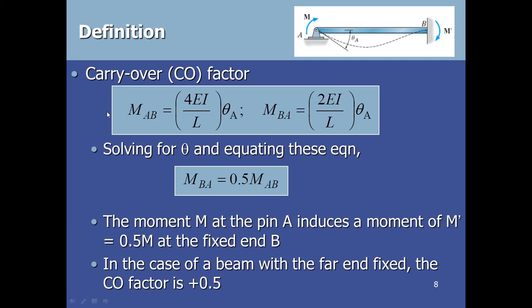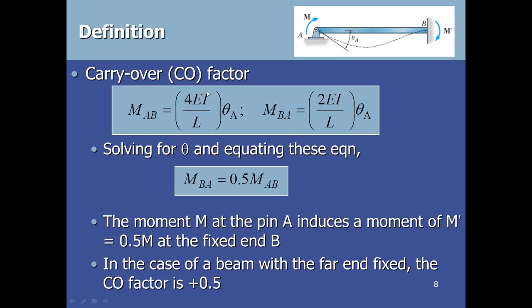And the important thing is the carryover factor. When we apply a moment here at near end A to rotate this end by theta A, half of that moment will be induced at the far end, which you can see here in this equation.